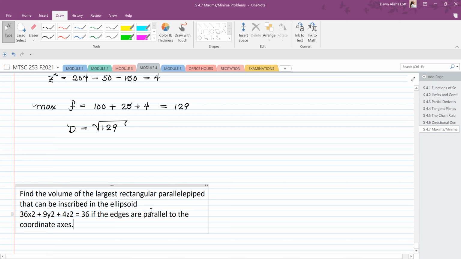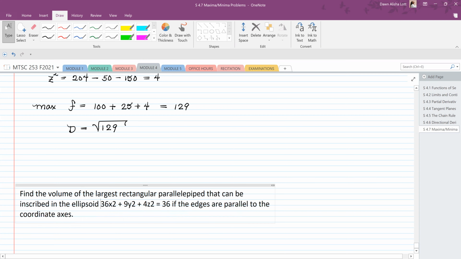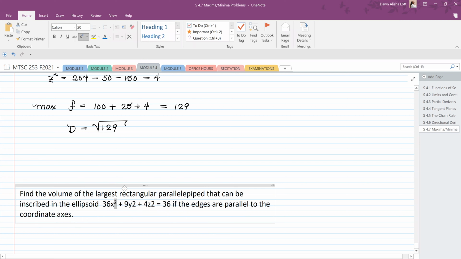Okay, 36x squared plus 9y squared plus 4z squared equals 36, okay?